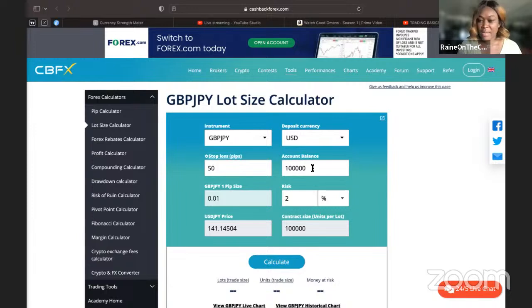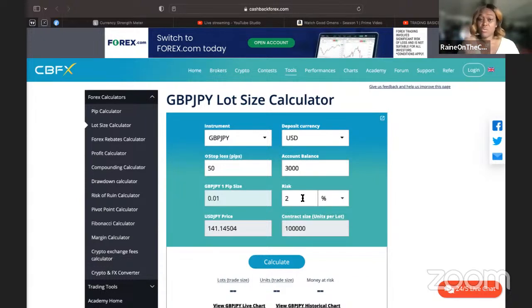Then my account balance, I'm going to put however much money I have in my account. So let's go with $3,000. Most demo accounts, the minimum that you can fund the demo is $3,000 for these accounts we have out here. So we're going to go with that. And then you decide how much money you want to risk.